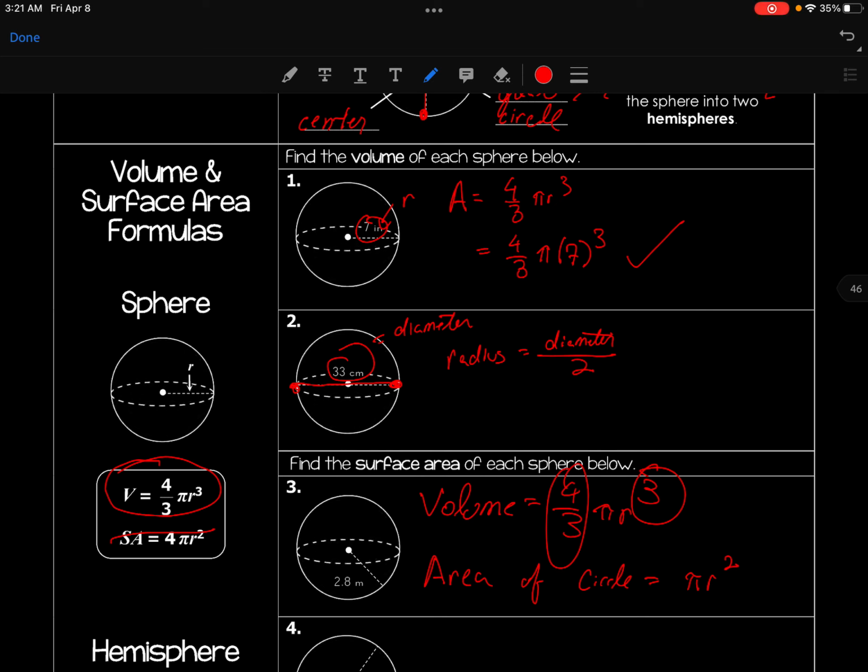Therefore, the volume of the sphere is 4/3 pi times 33 divided by 2, cubed.